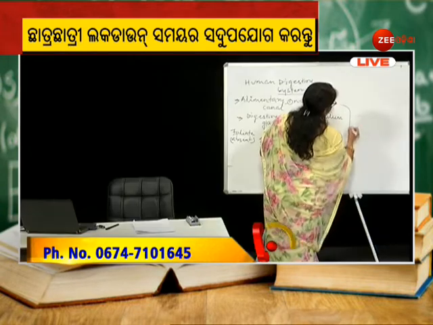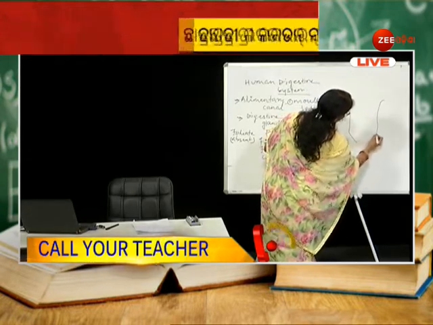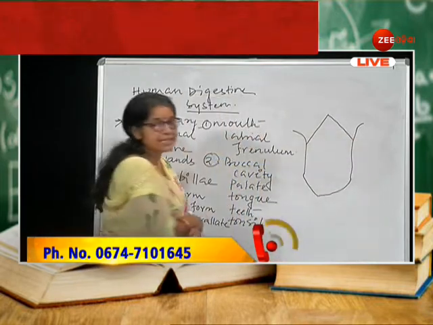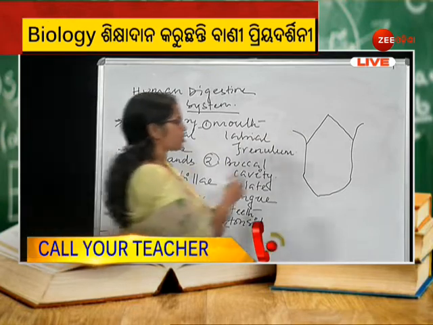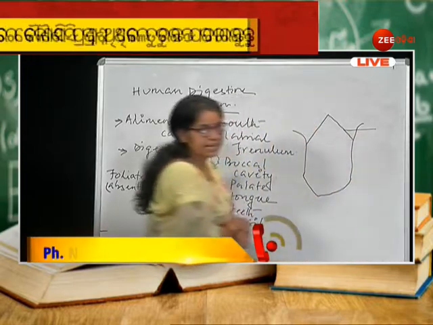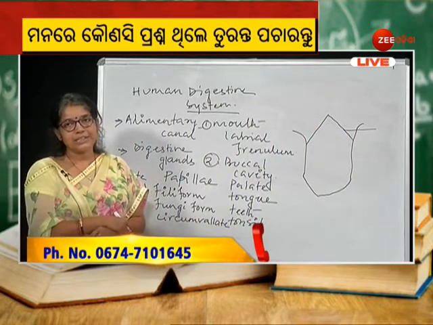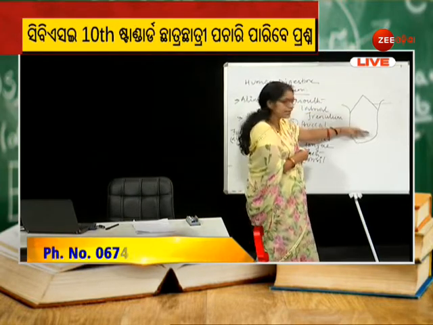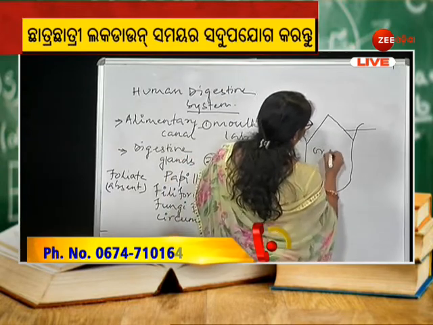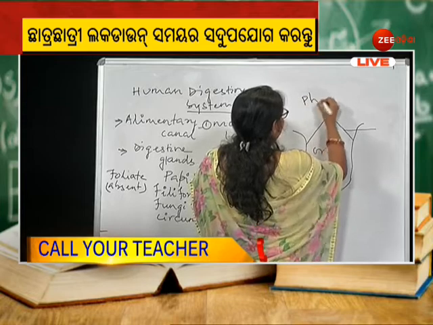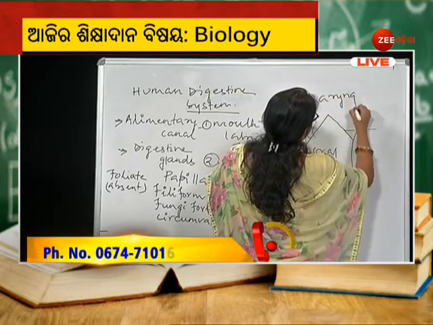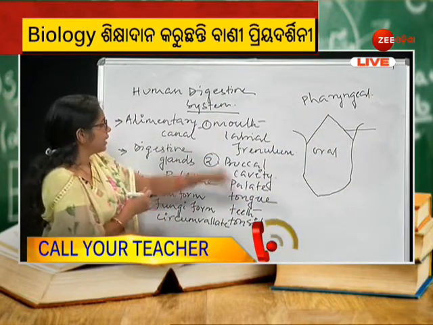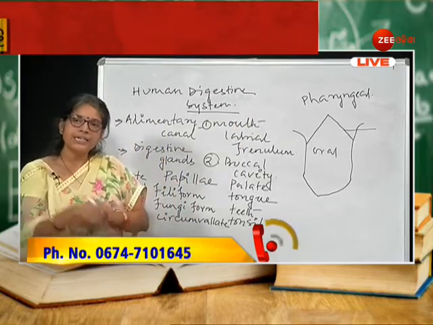If we analyze, this is the structure of the tongue, and this tongue is divisible because of the presence of a V-shaped structure, known as the sulcus terminalis. The sulcus terminalis divides the tongue into two different parts: the anterior-most part, known as the oral part, and the posterior-most part, known as the pharyngeal part, because the oral part is concerned with the intake of food, and the pharyngeal part of the tongue is connected with the pharynx.